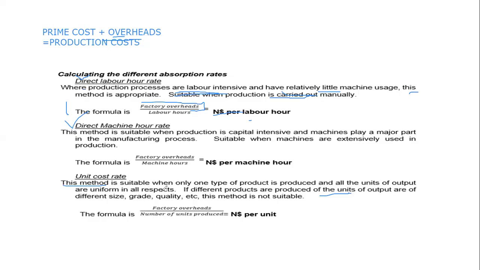And this one, where it's on the production of a certain type of product. That's where you use this rate. So they are so easy to use. You just take the total overheads and then divide by the total number of hours, for instance, in this case. And then you allocate, you apportion accordingly.